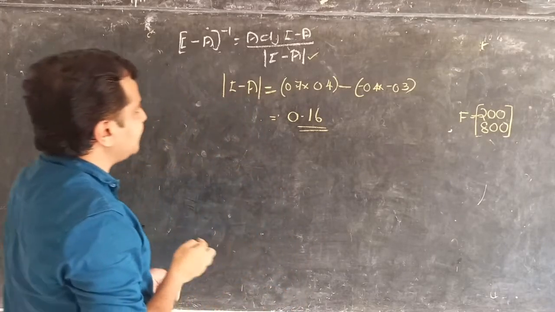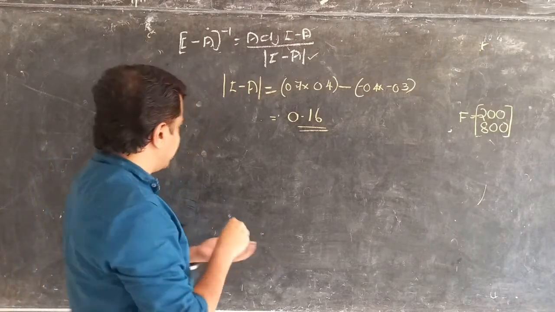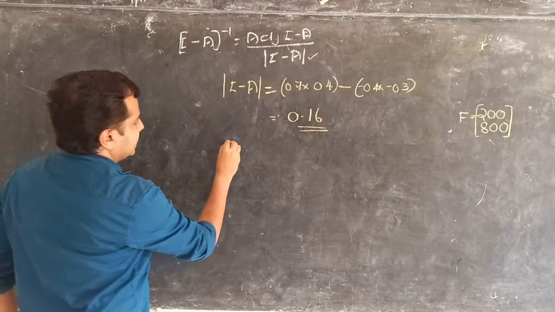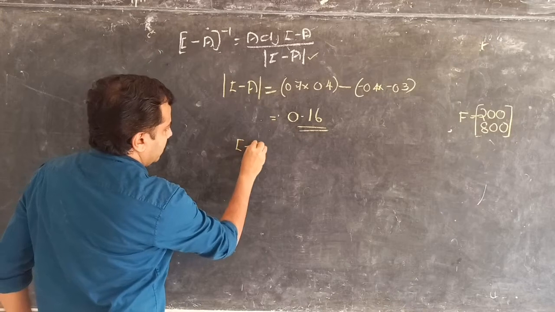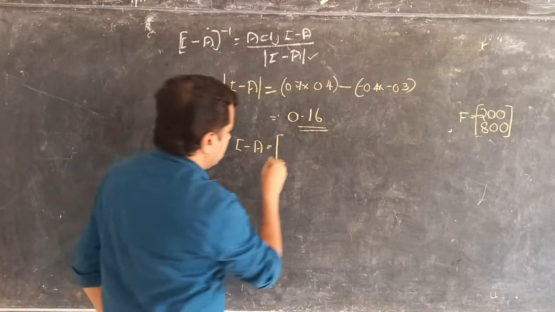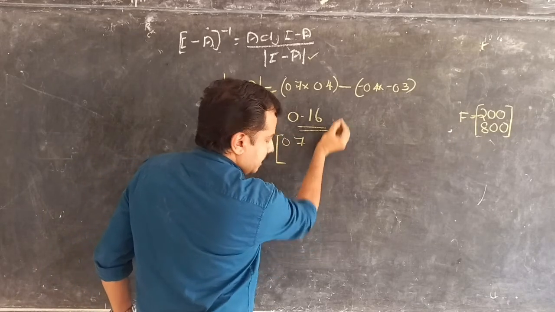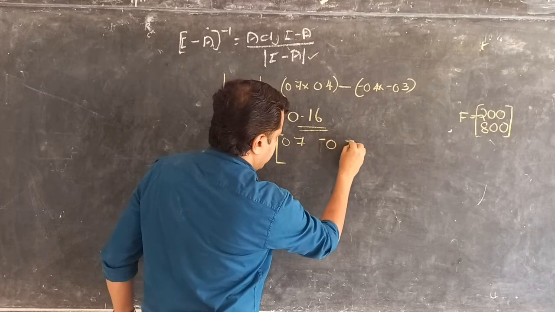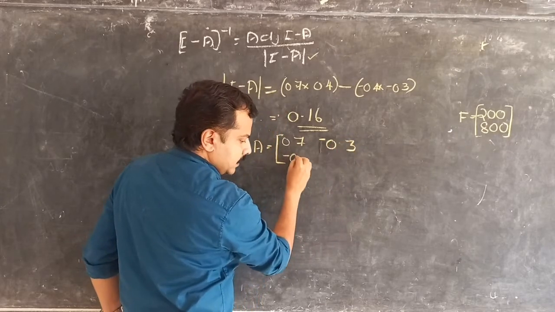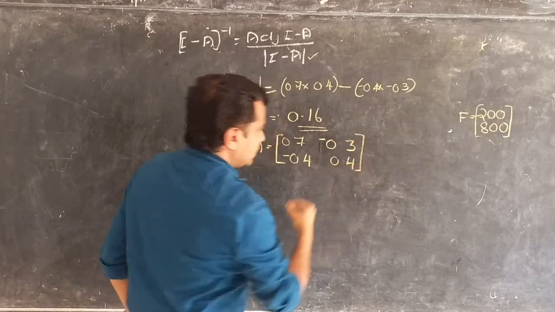So for the matrix, let me put the I minus A once more: 0.7, minus 0.3, minus 0.4 and 0.4. This was our I minus A.